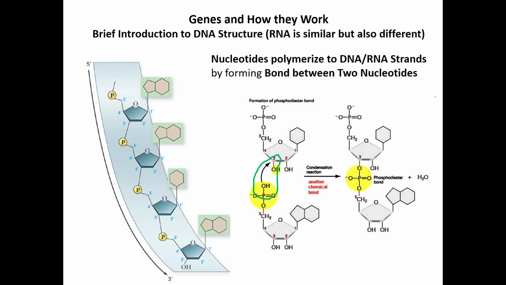This is called a phosphodiester bond for those of you that are interested in chemistry. And so by repeating that bond at the hydroxy group of our pentose with another phosphate group of another nucleotide, we can form this very long polymer molecule that forms our DNA or RNA strand.